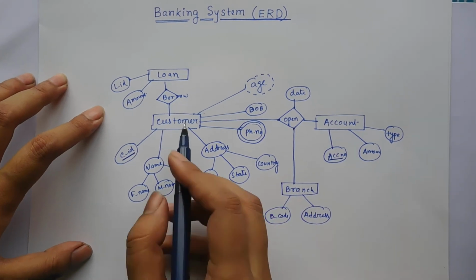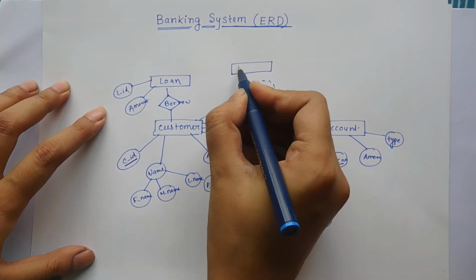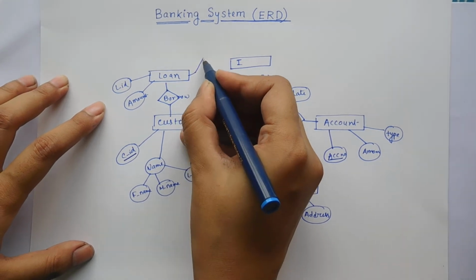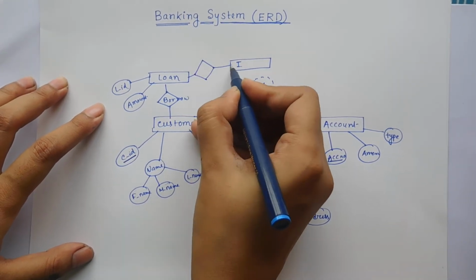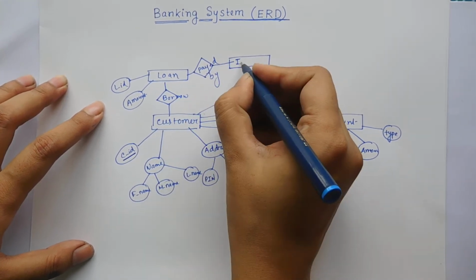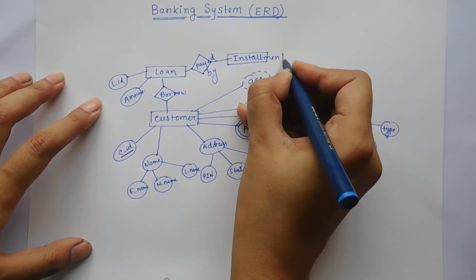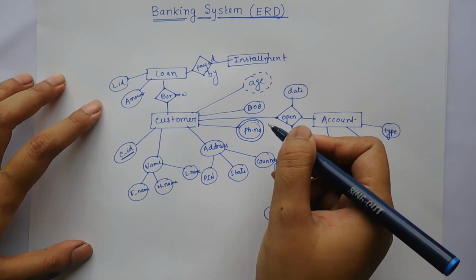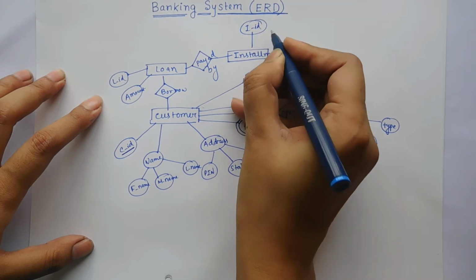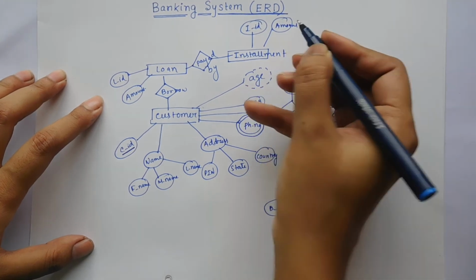Okay, now we consider another entity, that is installment. Suppose a loan is paid by different installments. In this situation, suppose installment has attributes like installment ID, amount, and date.